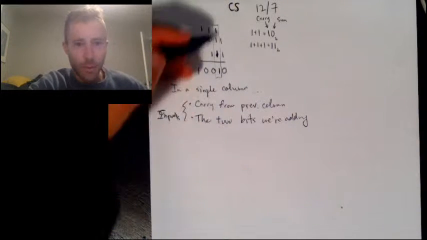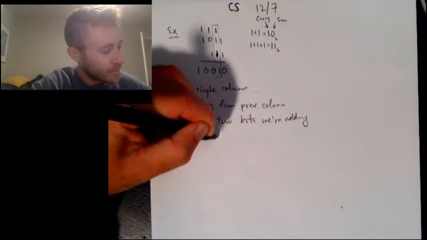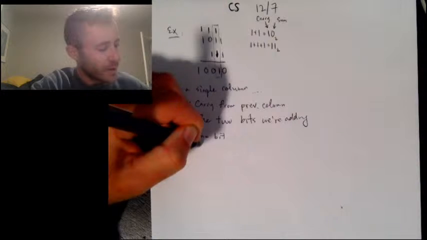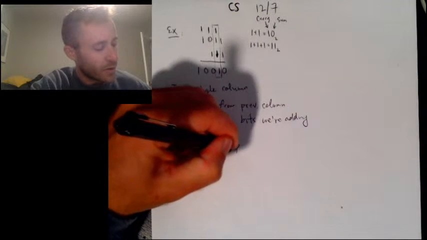Then what is output by this column? We have the sum bit, and we have the carry bit for the next column.